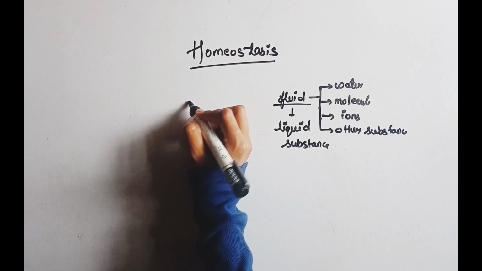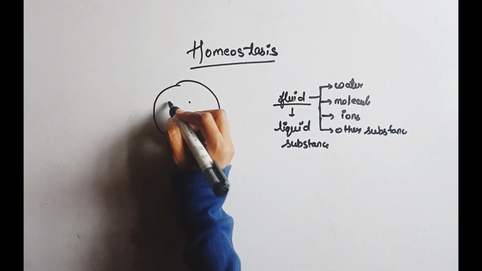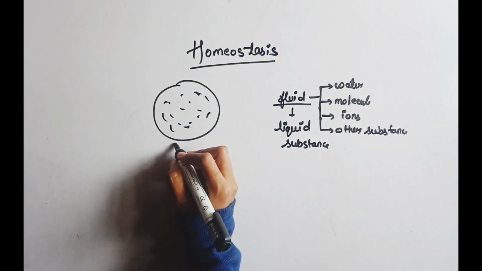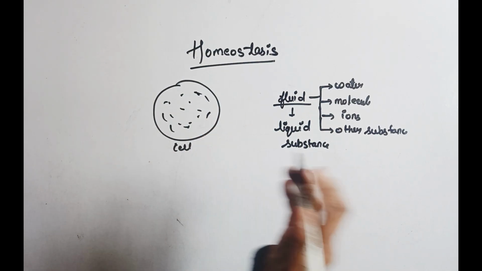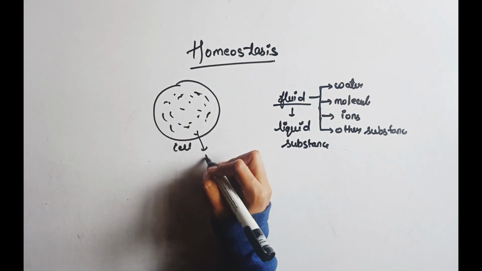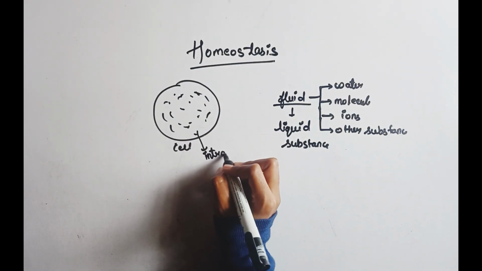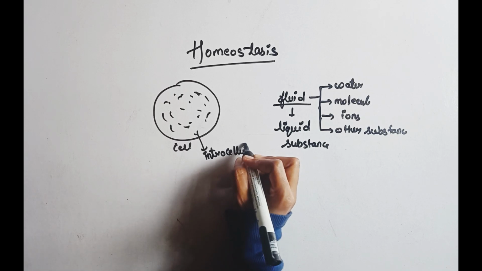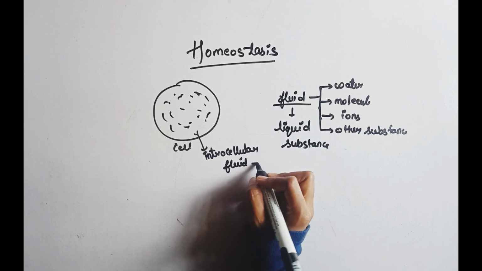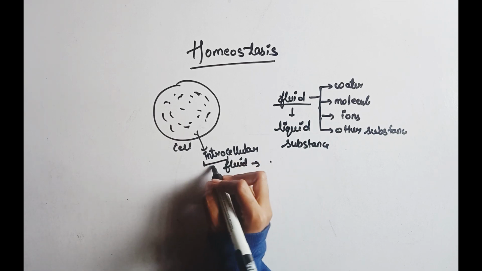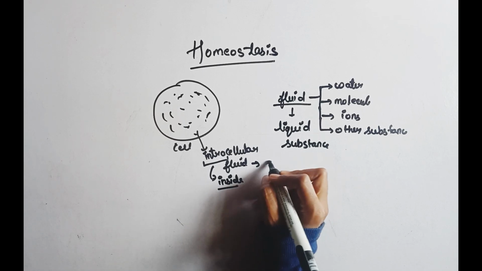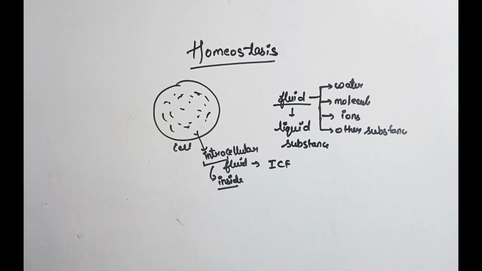This fluid is present within the cell. So this is the cell, and the fluid present within the cell is called the intracellular fluid. Intra means inside, and the abbreviated form is ICF.